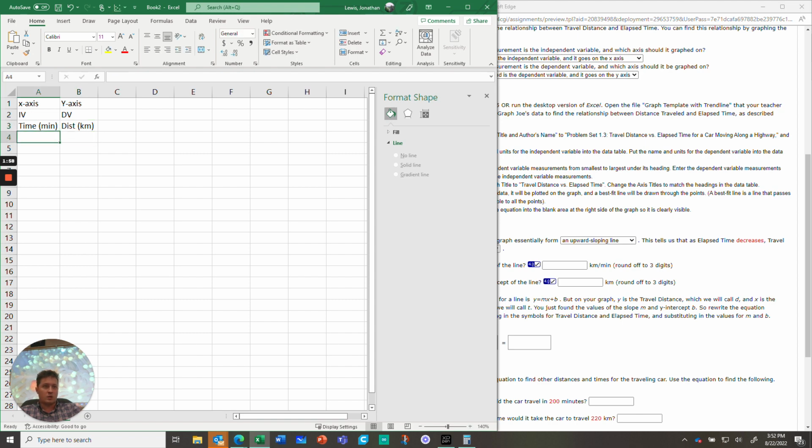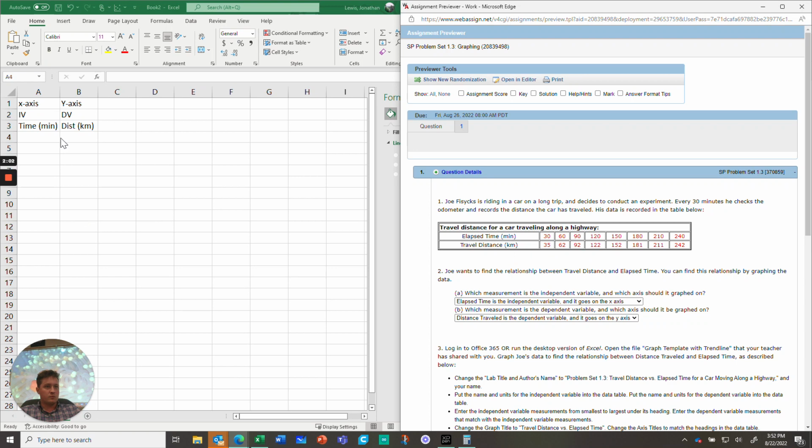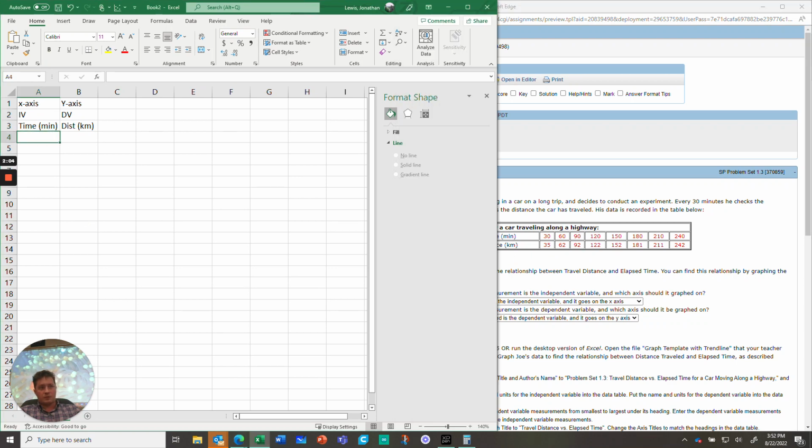Okay, so we need to recreate this data table over here. So we're going to start with 30 and just keep adding 30 until you get to 240. One too far. Okay, so 30 through 240, you can just type those in.